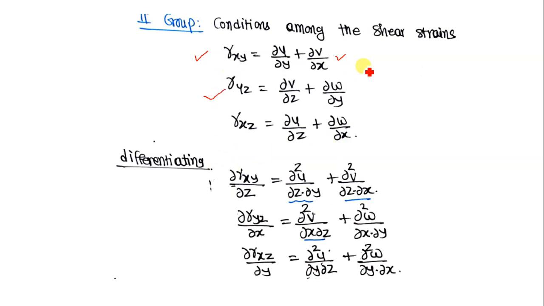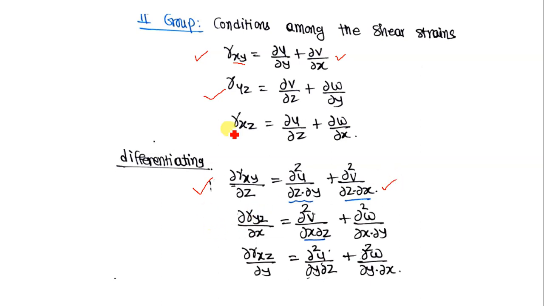Now differentiating the first equation, gamma xy, with respect to z: ∂²u/∂z∂y for the first term, and differentiating the second term with respect to z, ∂²v/∂z∂x.